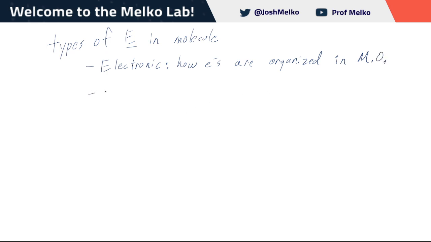Another type of energy, of course, is vibrational. And we've talked about vibrational energy several lectures ago. And the quantum system there is the harmonic oscillator. And we talked about the solutions to the Schrödinger equation for the harmonic oscillator.